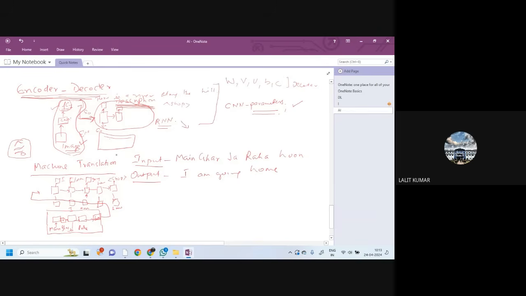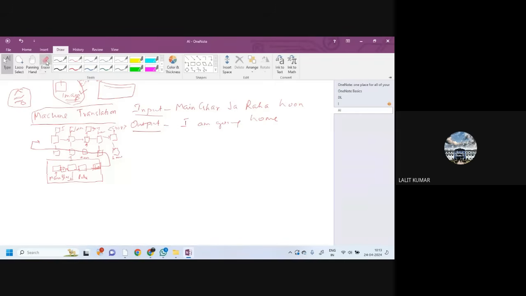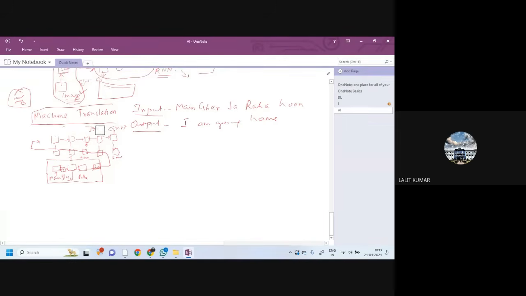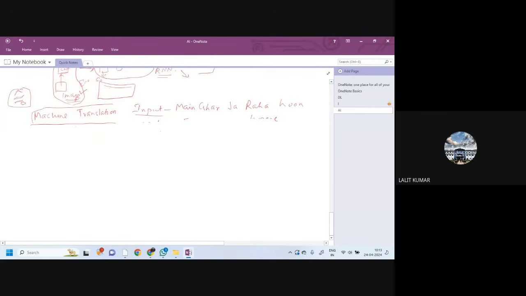So now when we took another example of machine translation, if we take the same example, we will have RNN in both the encoder and the decoder. So I'll cover it again. For this machine translation, the input is मैं घर जा रहा हूँ and the output is I am going home. In a classical encoder decoder, what will happen?